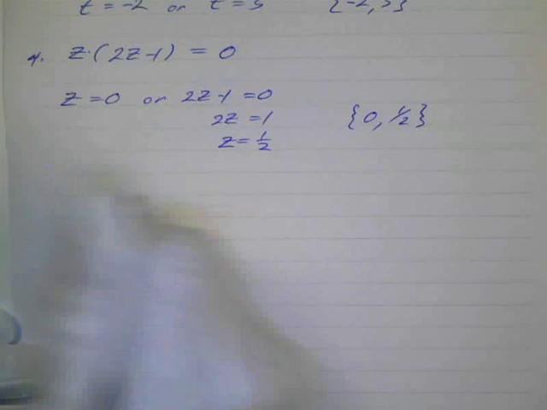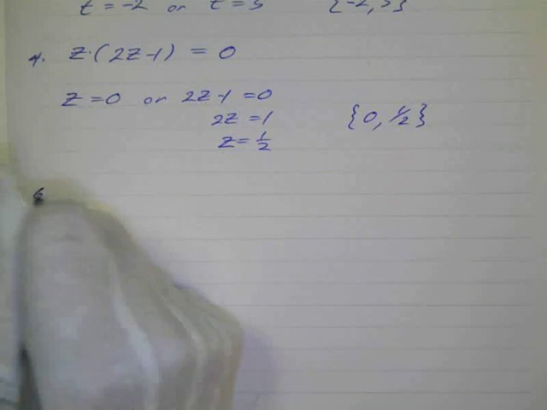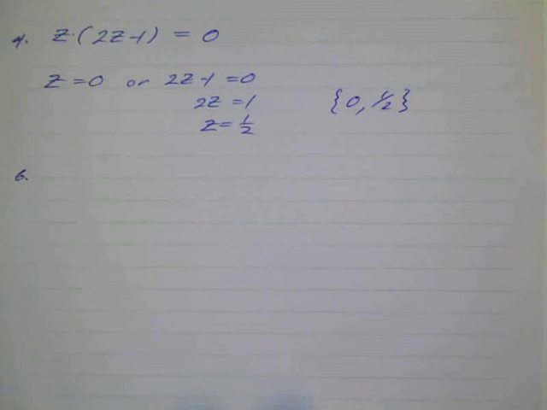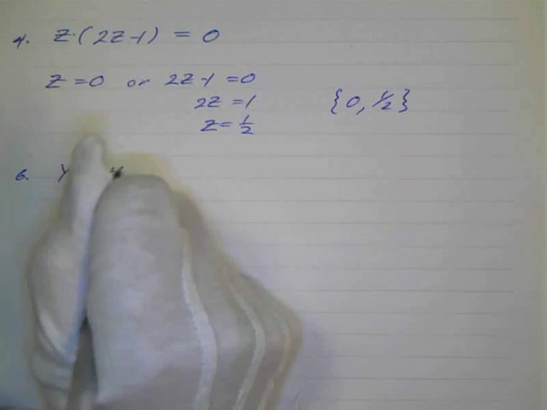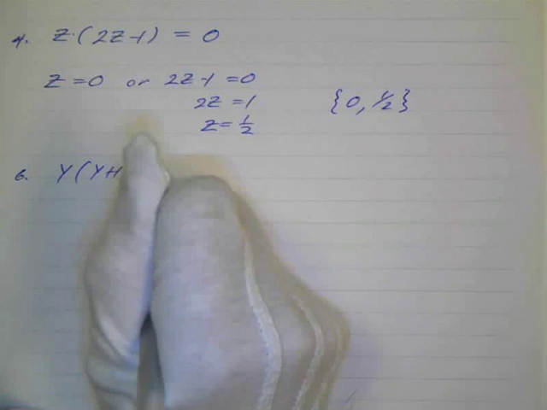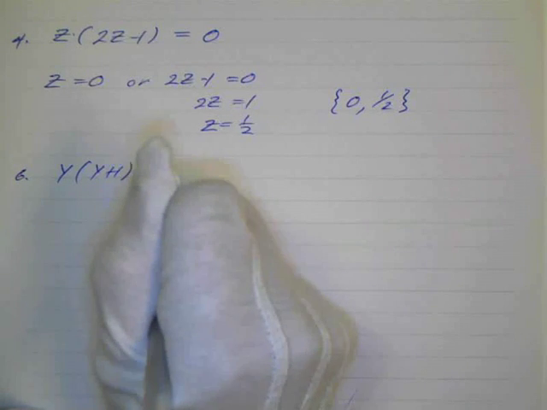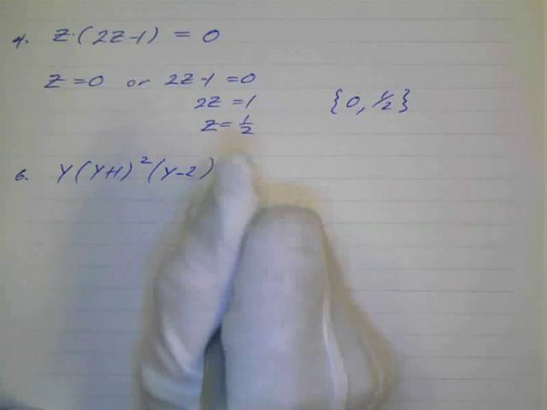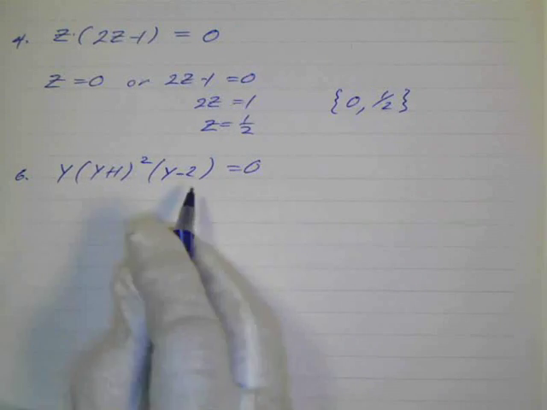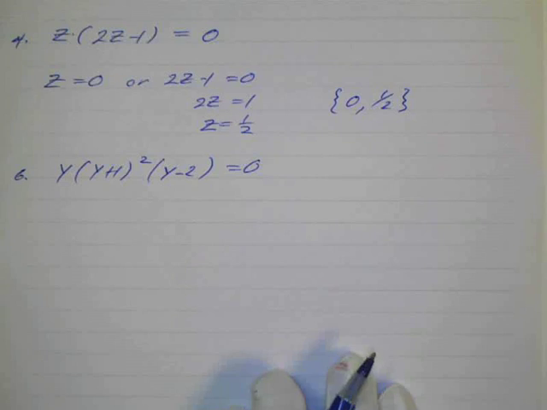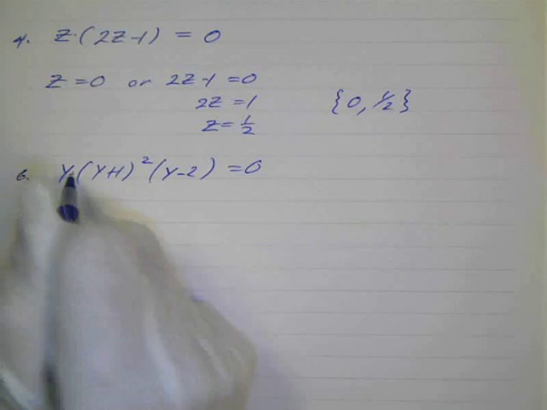Okay, number 6. And we have y times y plus 1 squared times y minus 2, and that equals 0. So now we have three factors, and the product of three factors is 0.